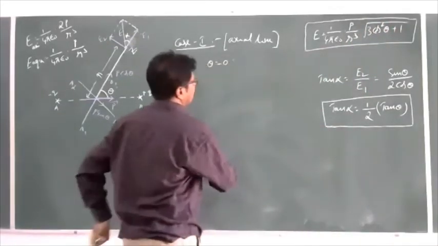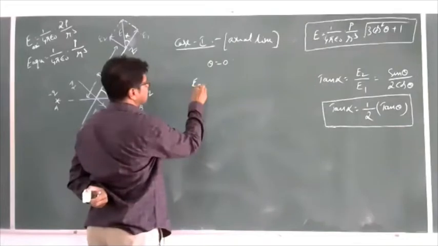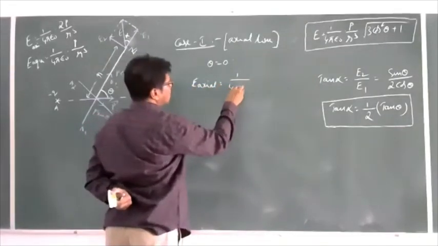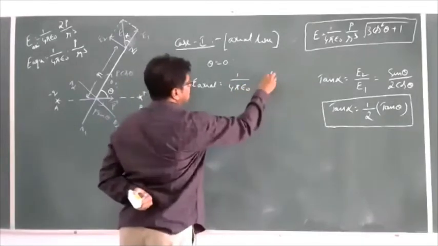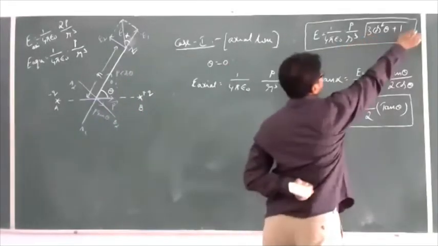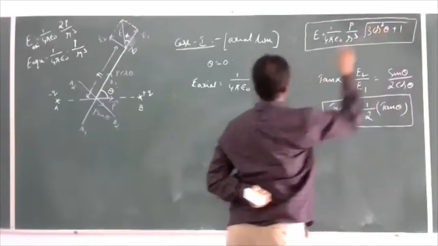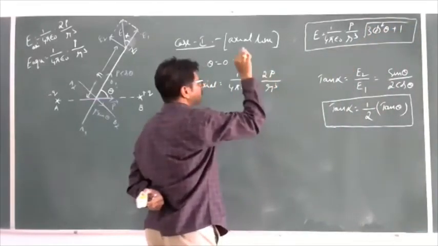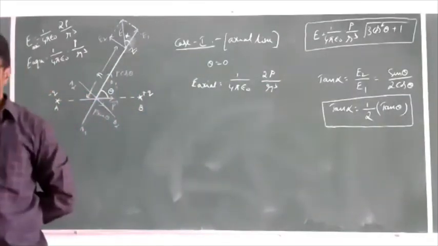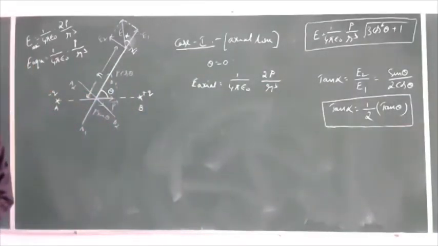So the electric intensity on the axial line is 1 by 4 pi epsilon naught, p by r cube, and simplifying with theta as 0 we get 2p by r cube.